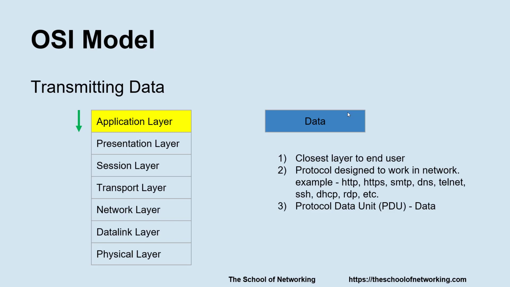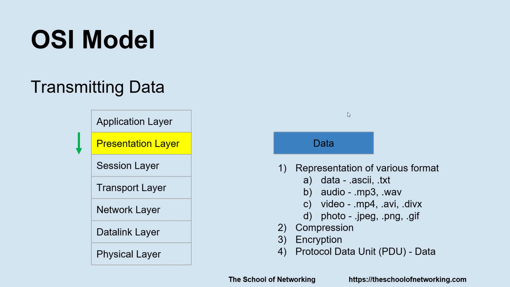From the application layer the data moves on to the presentation layer. At the presentation layer we deal with representing various kinds of data formats like audio, video, photos and text. There are various formats such as ASCII for text, MP3 and WAV for audio, MP4 and AVI for video, and JPEG, PNG and GIF for photos.